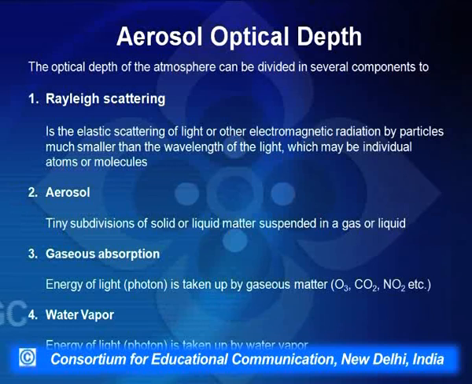These are naturally occurring various gases. Then gaseous particles with higher molecules, they are ozone, carbon dioxide and nitrogen dioxide, and the next one is water vapor. So these three are naturally occurring, and aerosol is the air pollution.